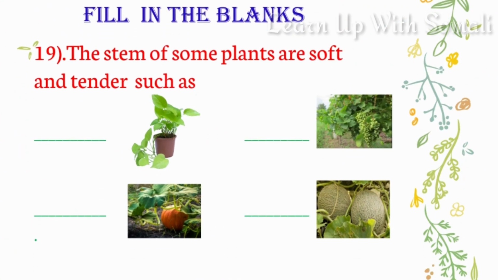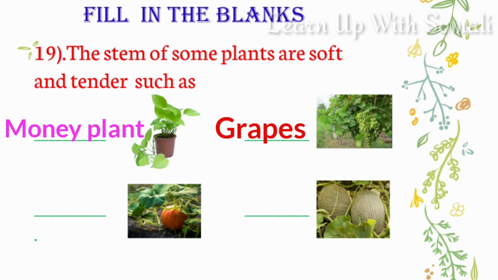Number 19, the stems of some plants are soft and tender, such as number 1 you can see a picture of a money plant, then we have grapes, number 3 pumpkin and number 4 in the picture it's a muskmelon, whose stems are very soft and tender.